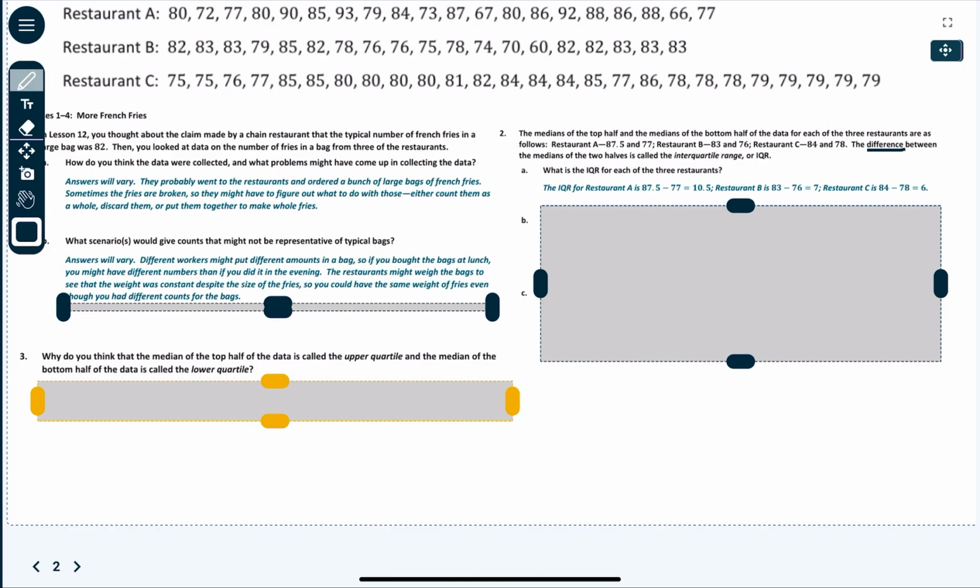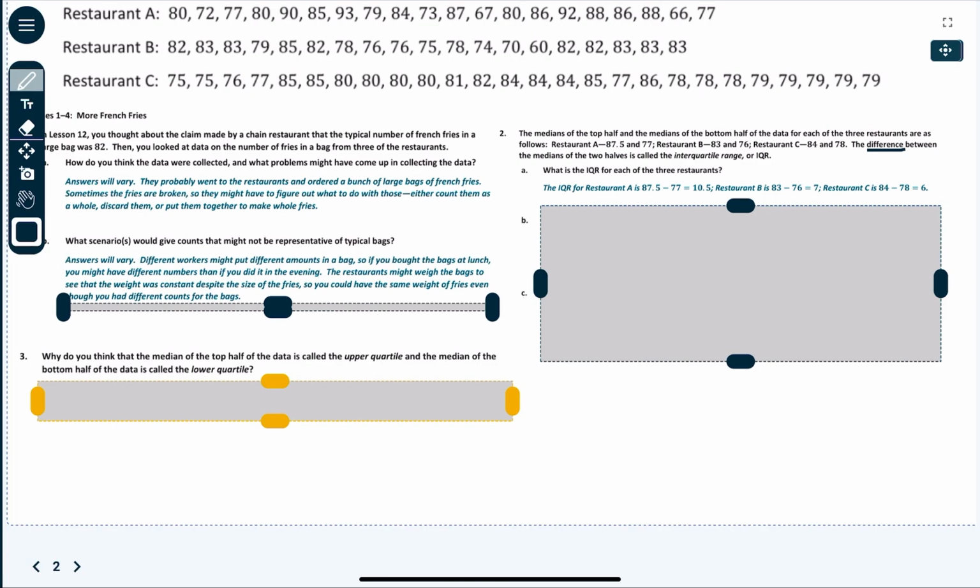So when you think of interquartile range, you need to think of range as a difference. So we need to subtract. And that goes for any range normally. You're going to look at the highest value, and then you're going to look at the lowest value.